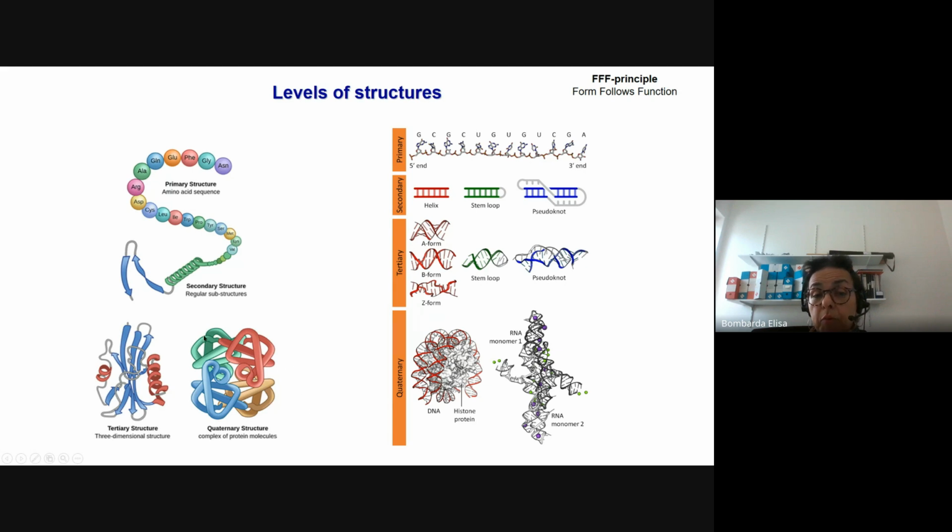So you have it in protein, and you can also have it in nucleic acid. And you can also have, which is also relevant in our research, a hybrid quaternary structure. That means that you have protein and nucleic acid in complex together.